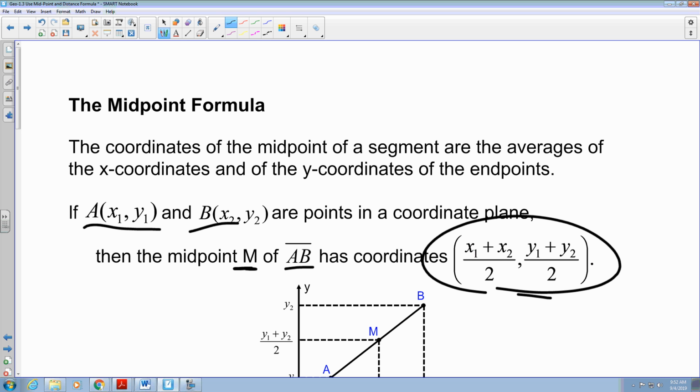You're going to essentially get a coordinate, and it is the sum of the two x values divided by 2, and it is the sum of the two y values divided by 2. So remember, when you're dealing with the midpoint formula, your answer is going to be a coordinate, like an x comma y.